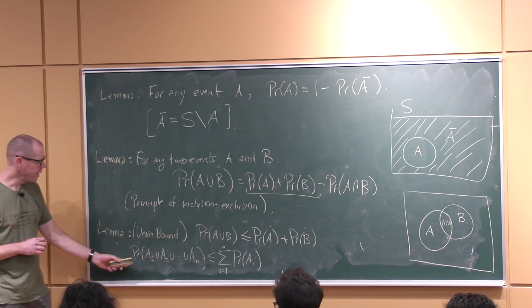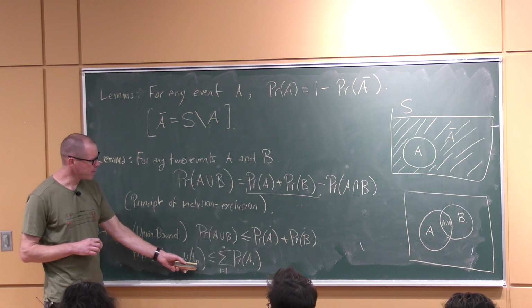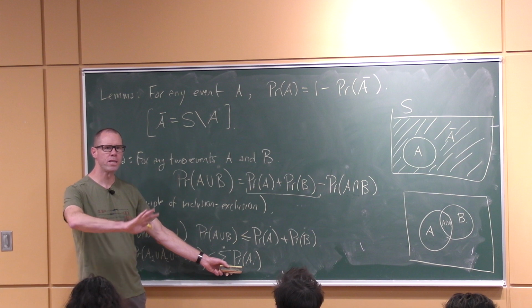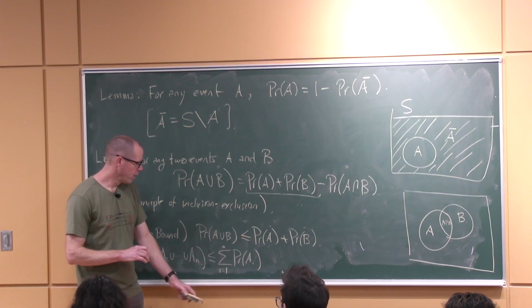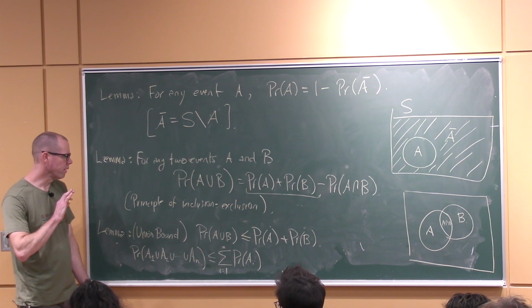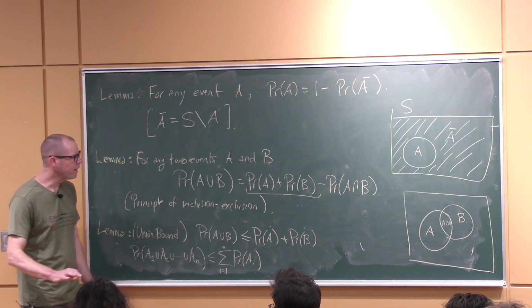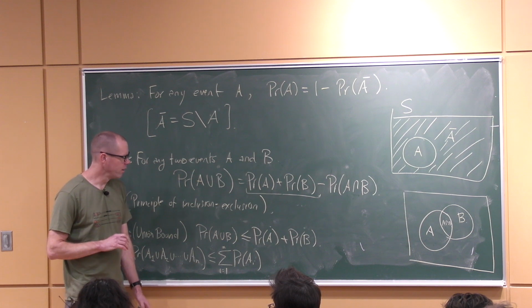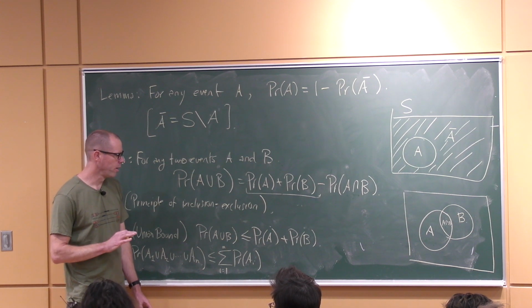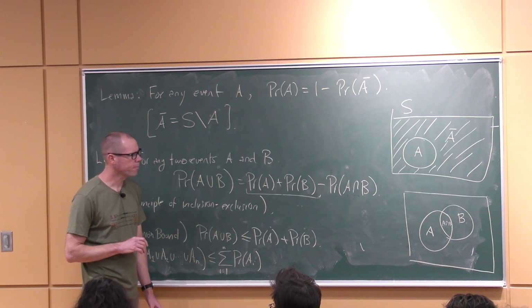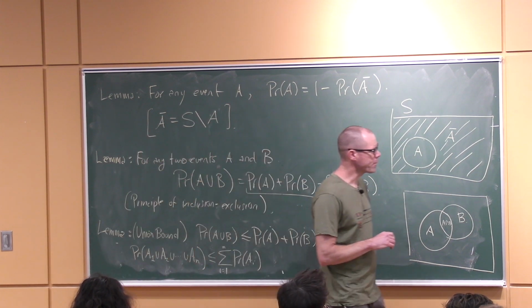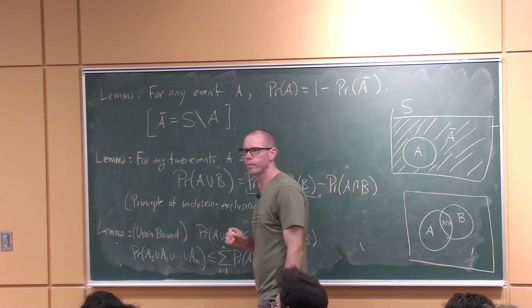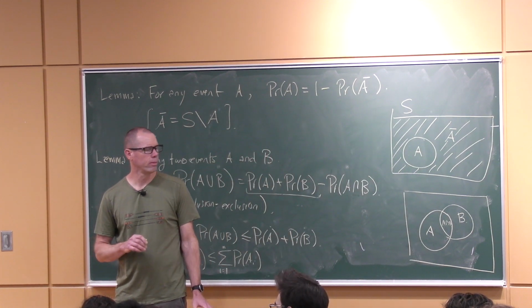And for many sets like this, what comes after the sum of these probabilities is a whole mess of things that you have to compute. And sometimes we're very lucky and none of those things add up to much anyway. So we don't really need to bother computing them if we just want a rough upper bound. Okay. Questions? Good.